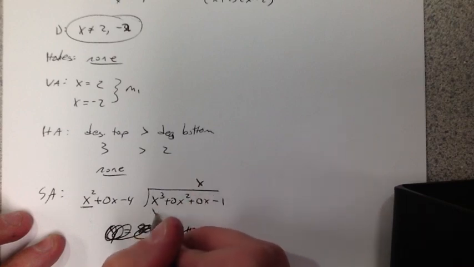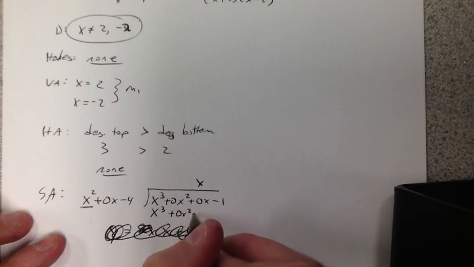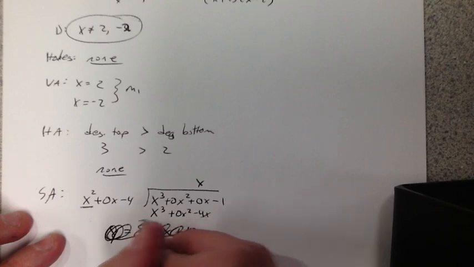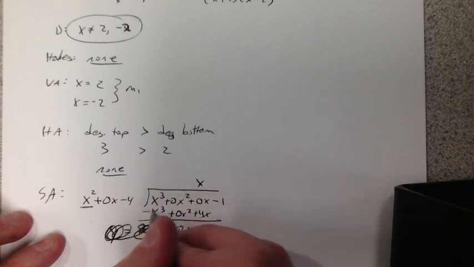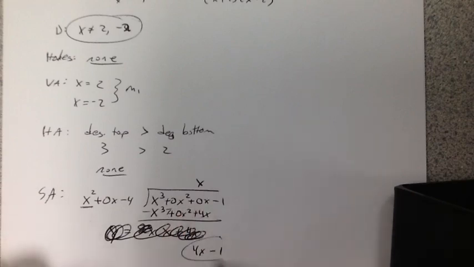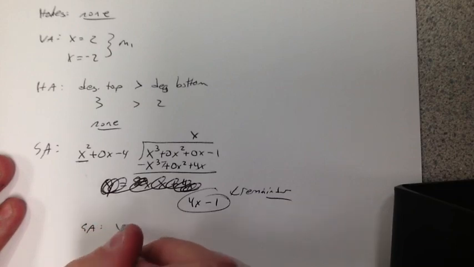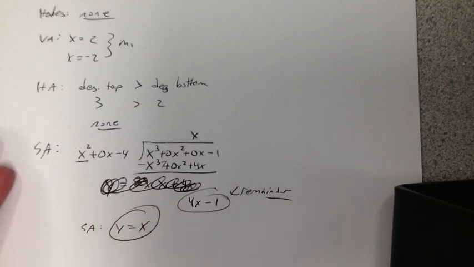That becomes x cubed plus 0x squared minus 4x. And we change that, it becomes a positive. These just go away. So we get 4x minus 1. Now, this is my remainder. Remember, we don't really care about the remainder when you're finding a slant asymptote. So the slant asymptote is just y equals x.